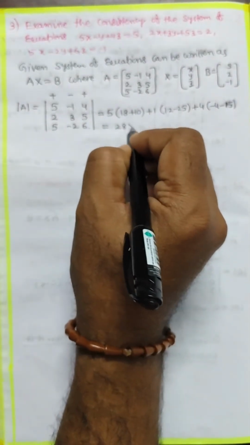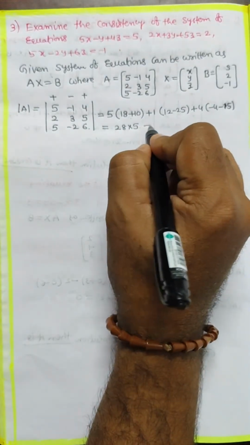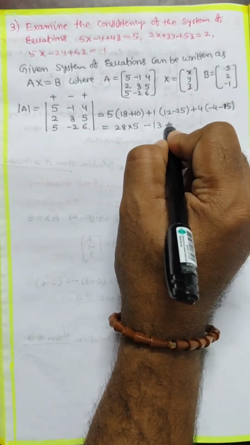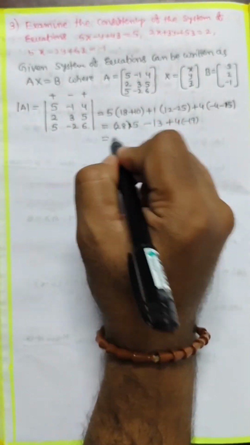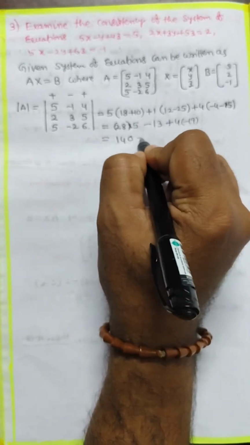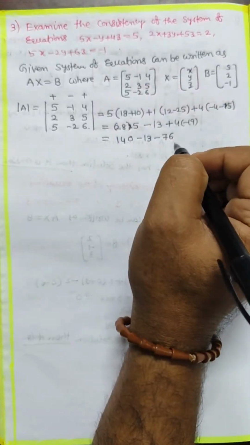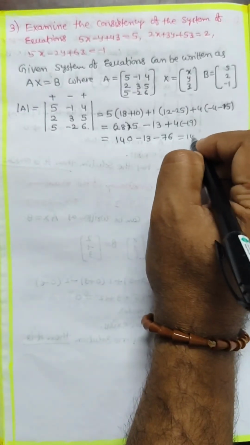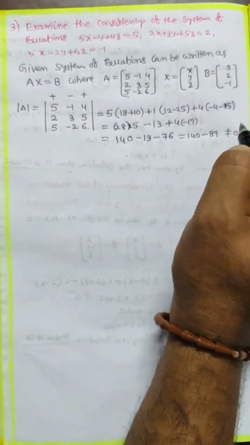That is 28 into 5, which is 140, and 12 minus 25 is minus 13, plus 4 into minus 19. So it will be 140 minus 89, anyway not equal to 0.